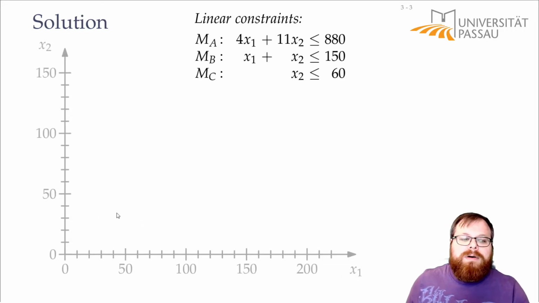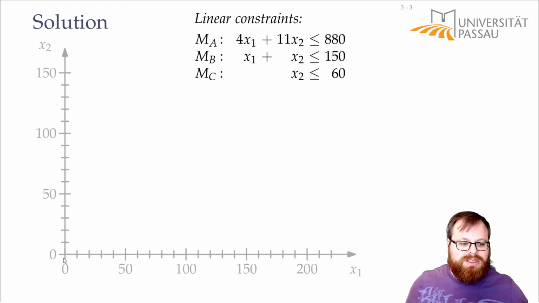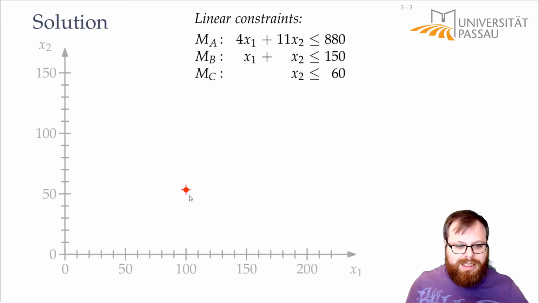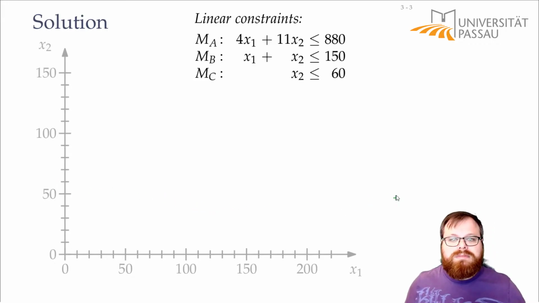Now every point here tells us how many of each we produce. If I put a point here, that means we produce 0 mice and 0 keyboards. If I put a point, let's say here, then this tells us we produce 100 mice and about 55 keyboards.